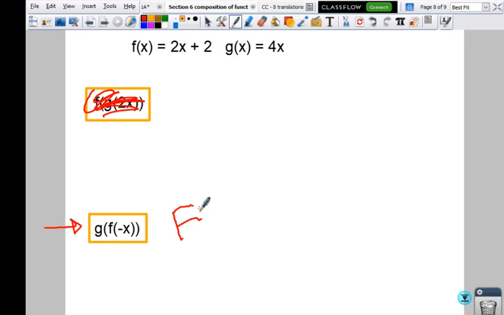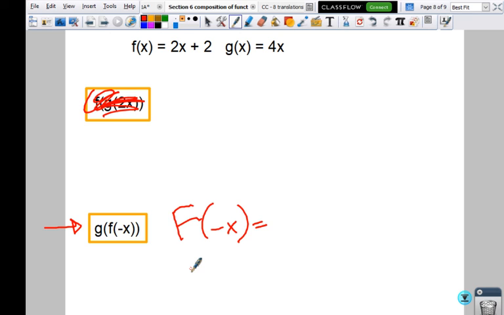Alright, we're going to do f of negative x. What is that going to look like, Melina? I have to do the 2x, but put x inside it.